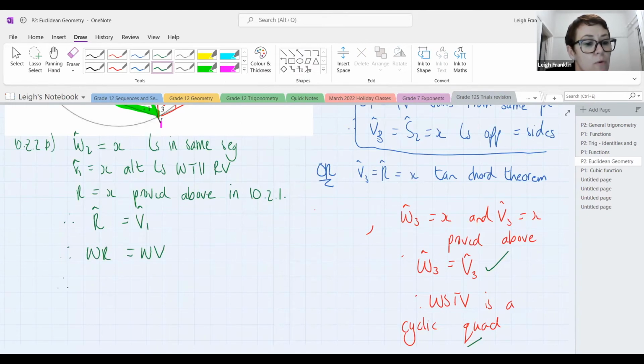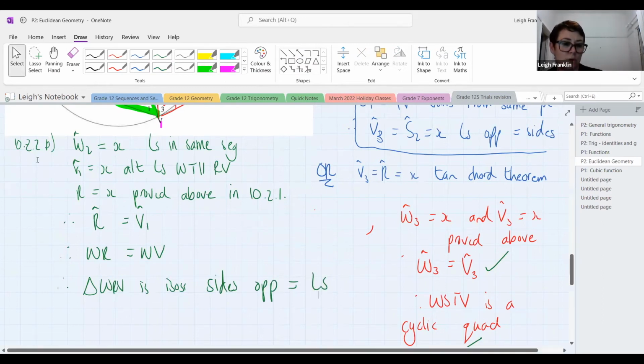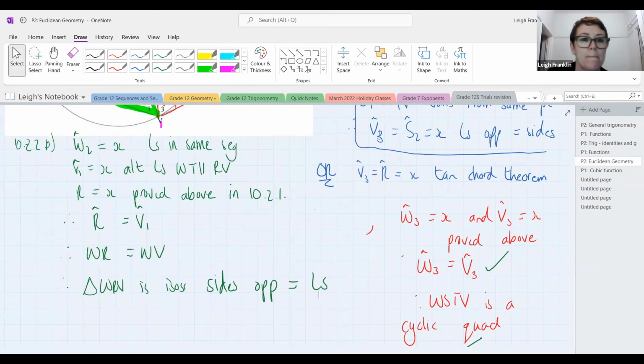Okay, therefore, triangle WRV is isosceles. Sides opposite equal angles.